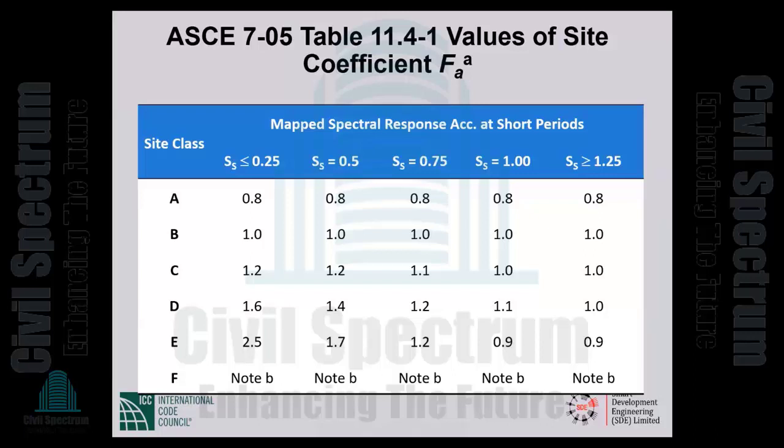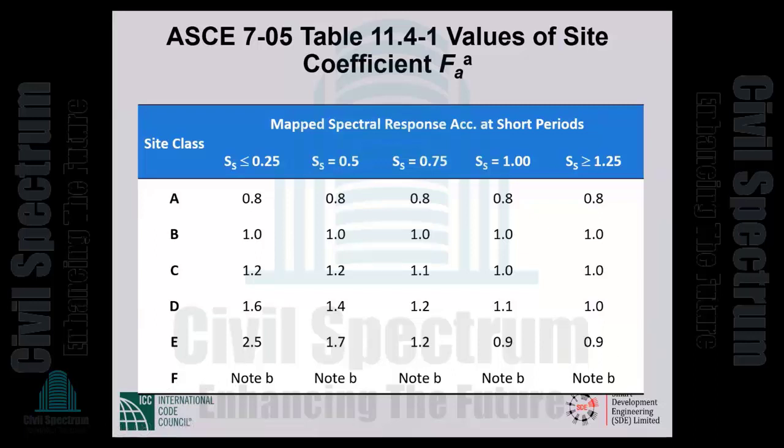Okay, the F sub A is a function of the site class and also the short period ground motion at the site of the structure. So the site coefficient depends on the ground motion parameter, how intense the ground motion is. Let me go to the next one. Okay, note B for site class F tells you that you need site specific analysis.